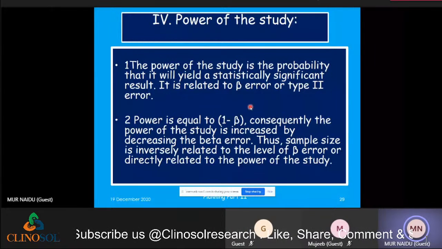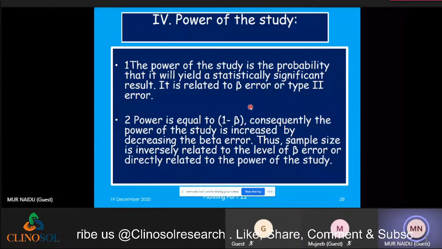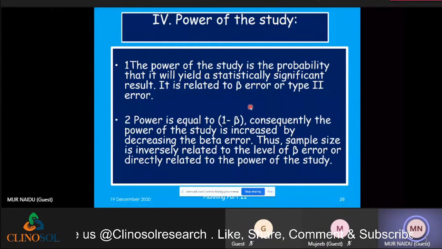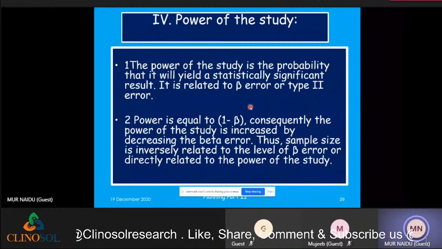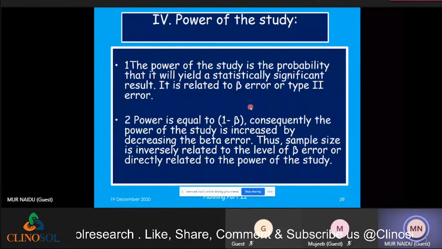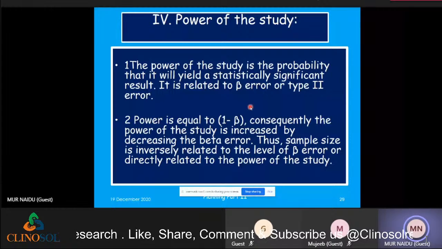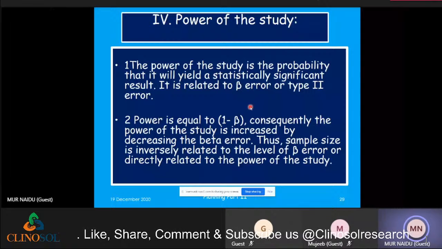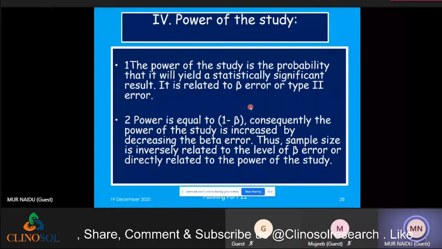A very good example is the story of a shepherd boy who takes various animals for grazing into the forest. What he used to do, simply he starts shouting, tiger has come, tiger has come, and people run and see, and they see that there is no tiger. So the tiger is not there, but he is showing that the tiger is there. This is alpha error.